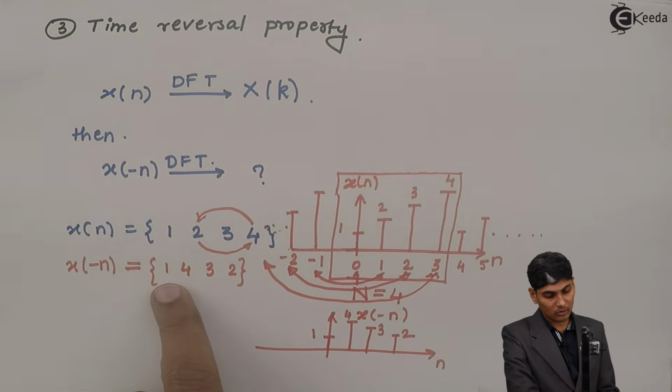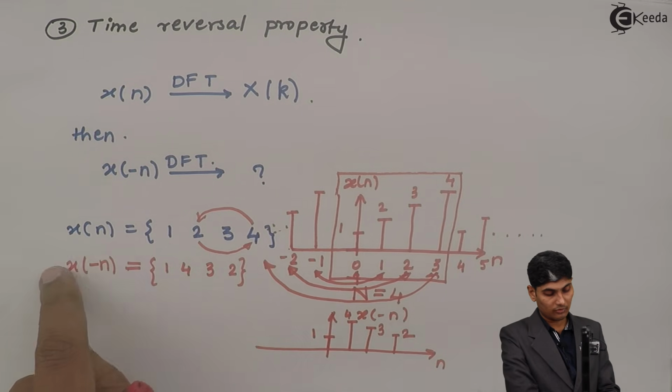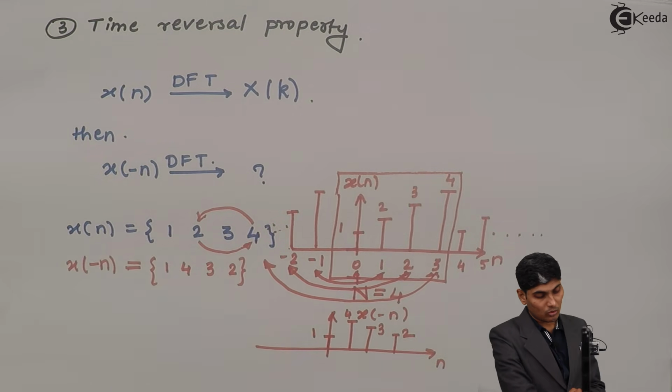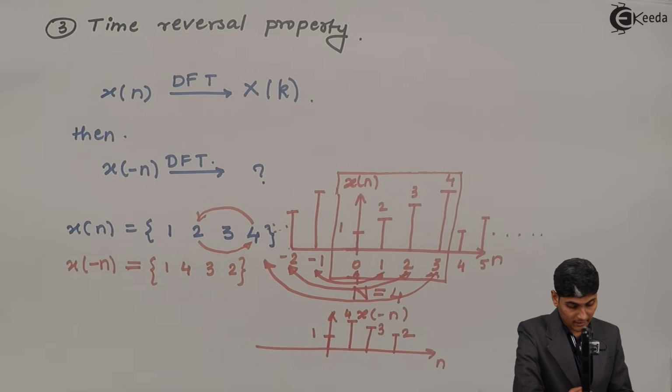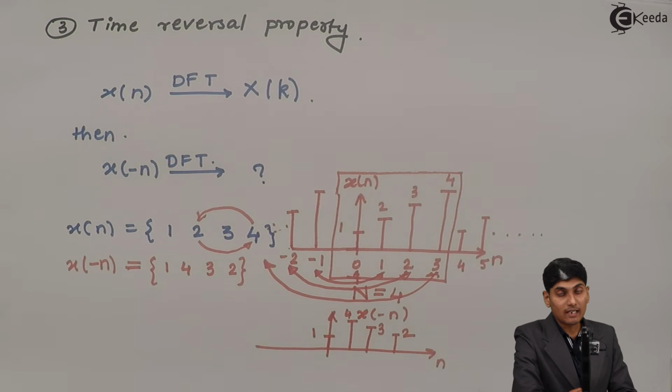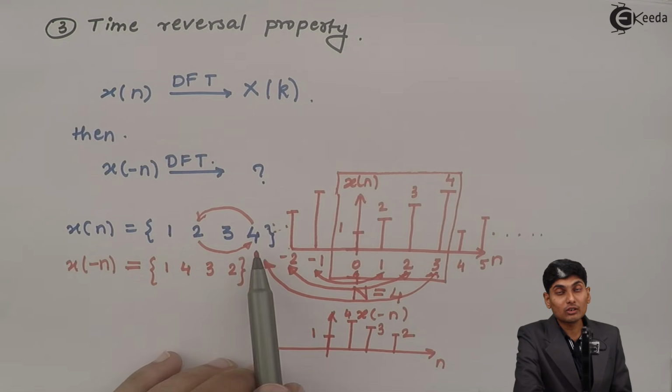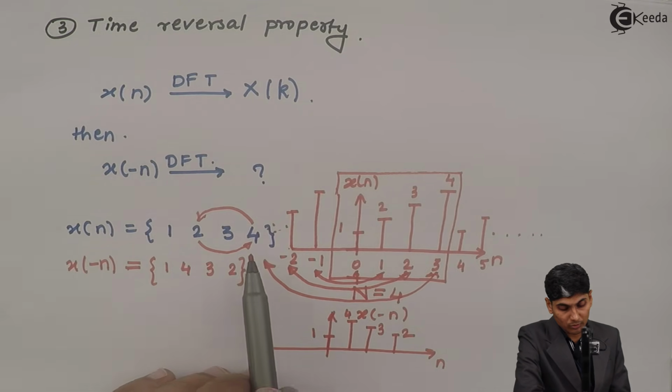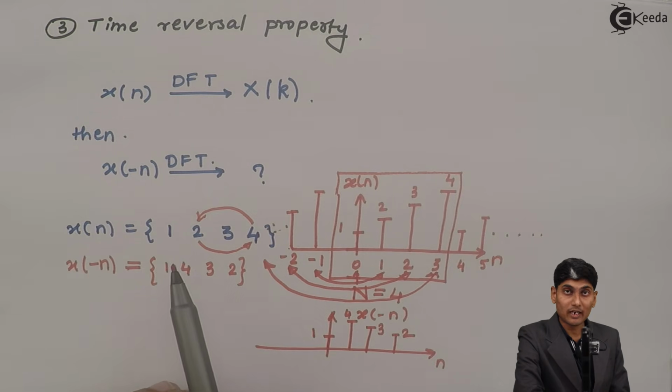So the mirror image will look like 1, 4, 3, 2 of x of n. So x of -n is as good as changing the position of 4, which was previously at 3, to 1.